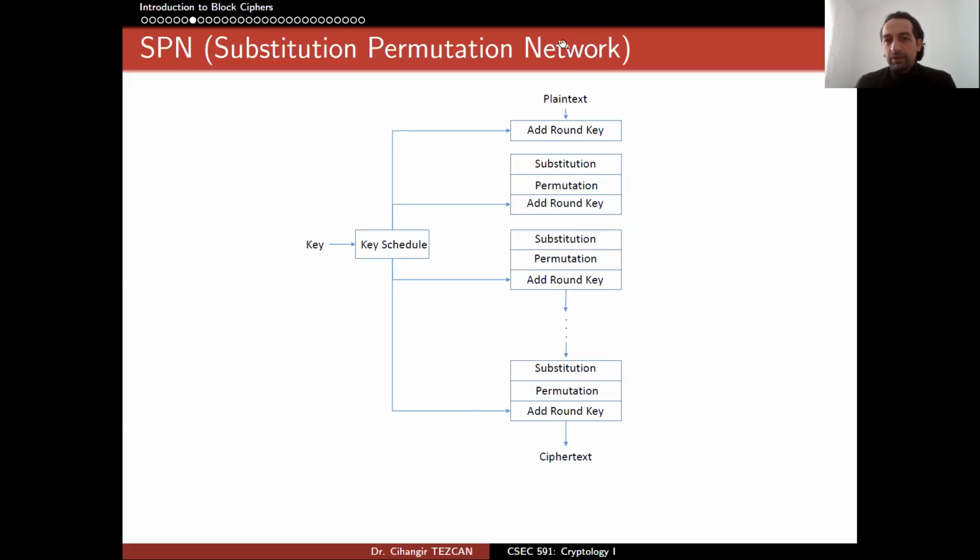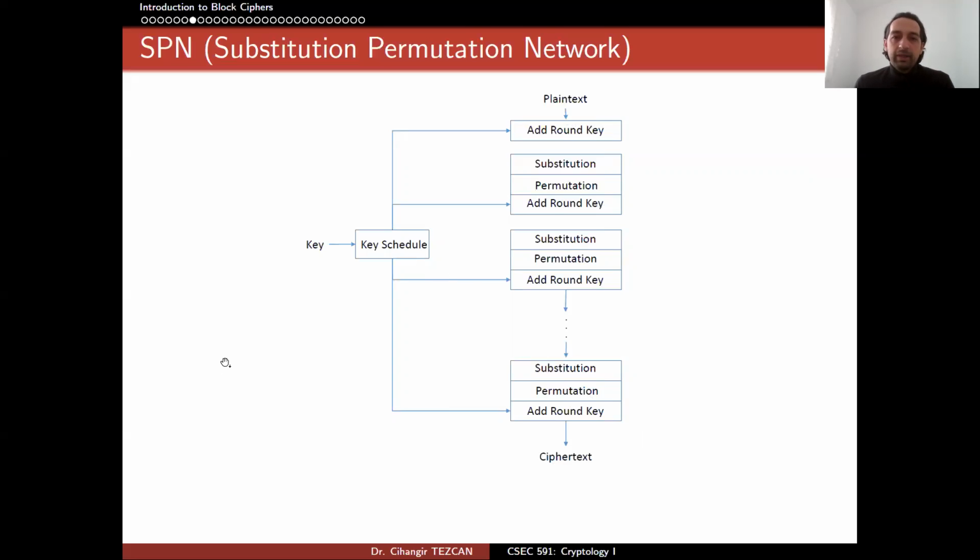Even if the person captures the plaintext and the corresponding ciphertext, with these two pieces of knowledge they cannot obtain the key, because the intermediate values cannot be obtained from this information. So if it is a good design, capturing plaintext and ciphertext would not leak the key material.